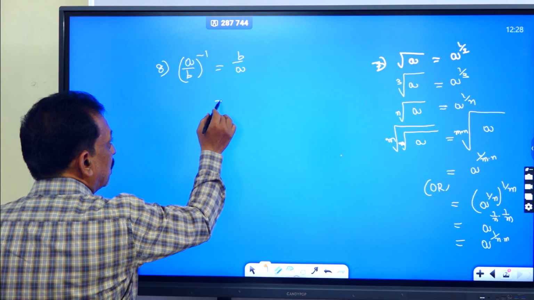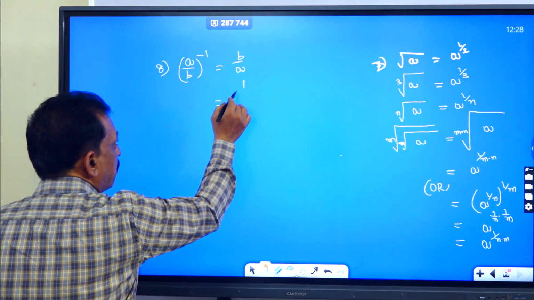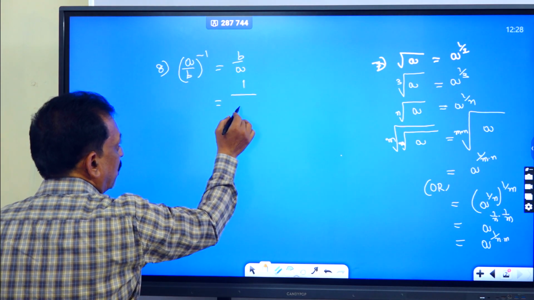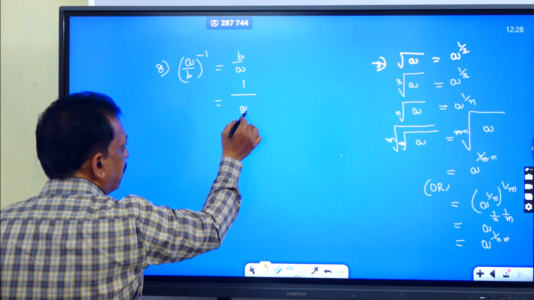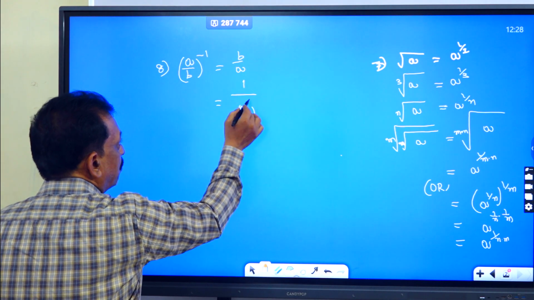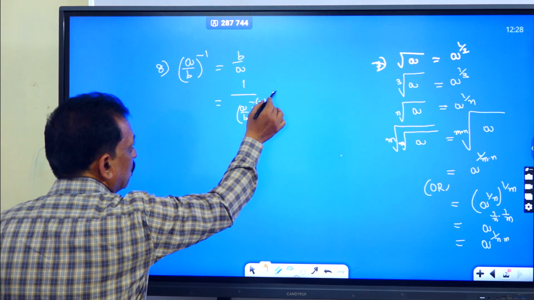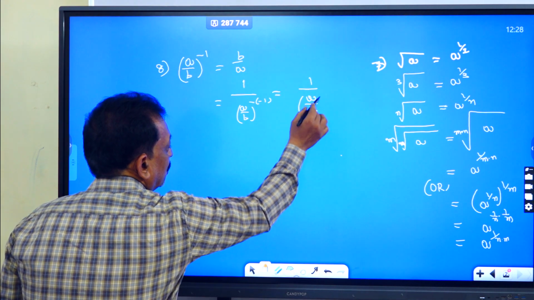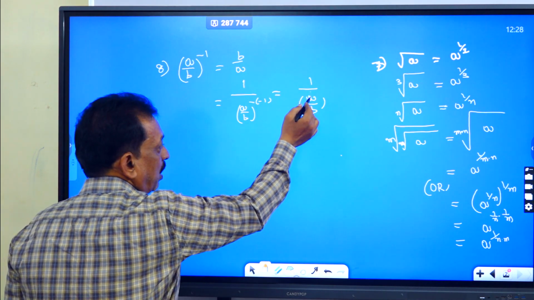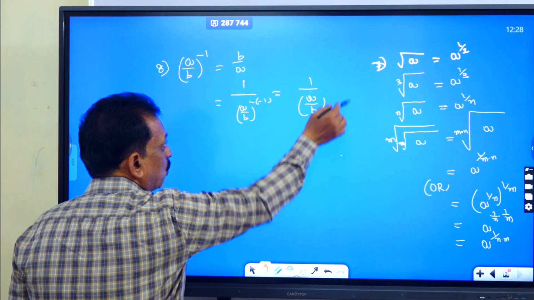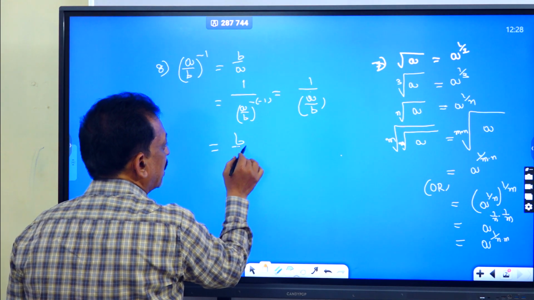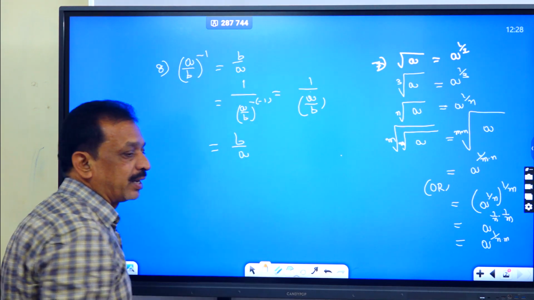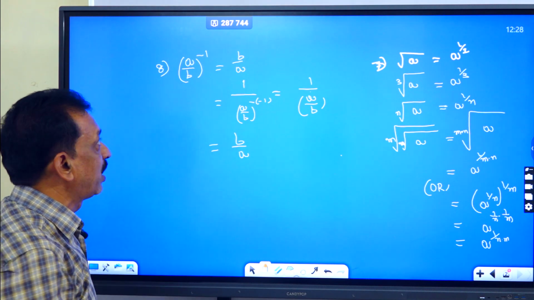This is nothing but 1 by, I am taking it to the denominator, 1 by a by b whole to the power of minus 1 becomes plus. That is equal to 1 by a by b. So the denominator having another denominator goes to the numerator, that is equal to b by a. You can write directly once you know. Otherwise, in examination solving, this much time is not required.